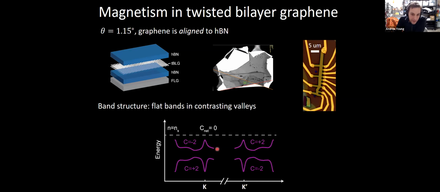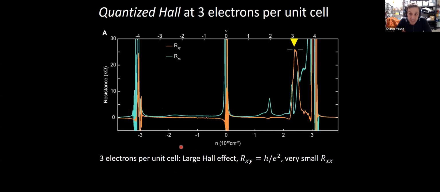And in this case, the single particle physics is to have, again, isolated flat bands within the two different valleys, which have opposite Chern number of 1 per spin, and so 2 or -2 when you include the spins. The basic observation here, and now this is transport measurement, I'm showing you Rxx and Rxy plotted as a function of charge carrier density, or on the top axis, filling of electrons within this flat band, is that at 3 electrons per unit cell, one finds a nearly quantized Hall effect and a nearly 0 longitudinal resistivity.